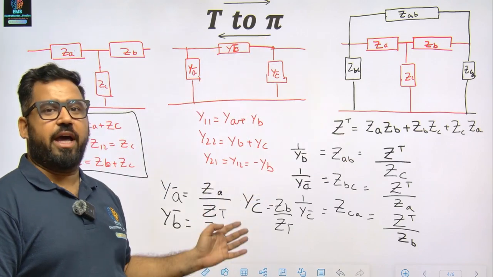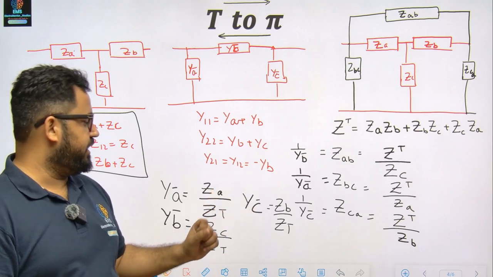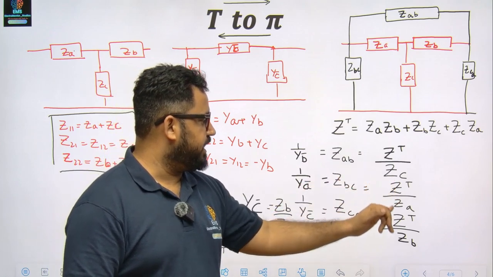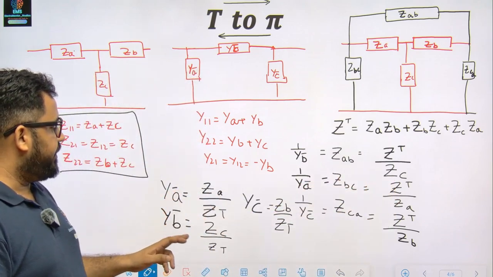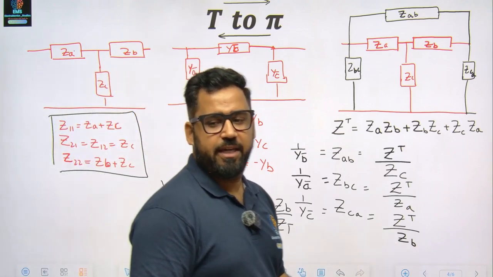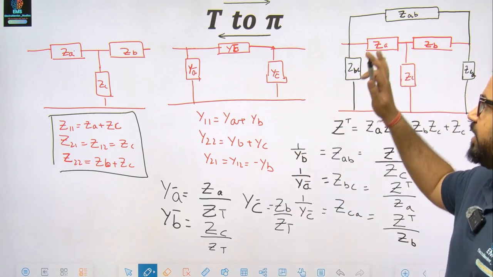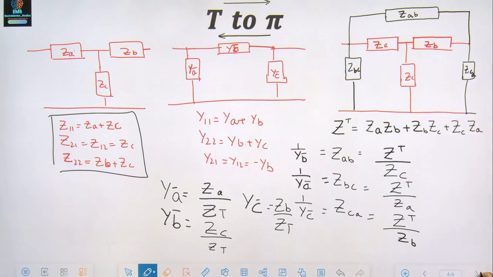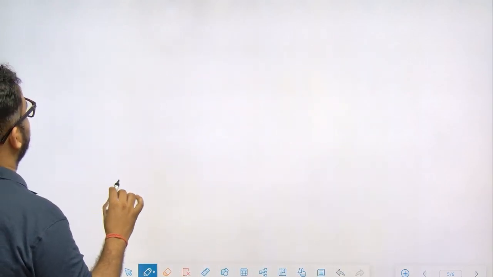So this is how I get all my three parameters. So YA is ZT by ZA, YB is ZT by ZB, and YC is ZB by ZT. So this is nothing but star to delta and delta to star conversion. But there's a catch between pi to T network.